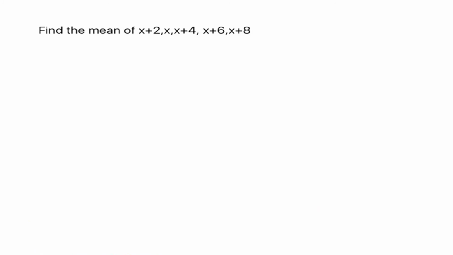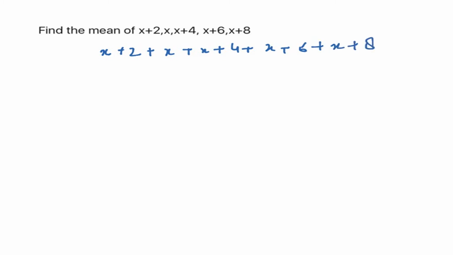Next question, we have to find out the mean of x plus 2, x plus 4, x plus 6 and x plus 8. So first of all we will find the sum. x plus 2 plus x plus 4 plus x plus 6 plus x plus 8.